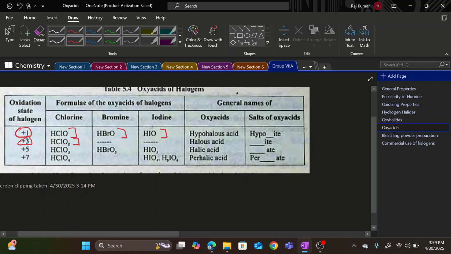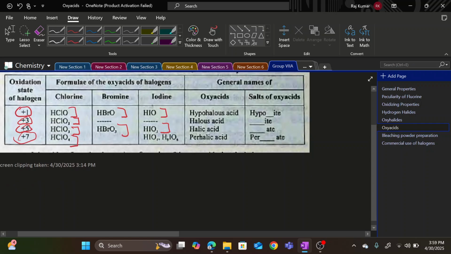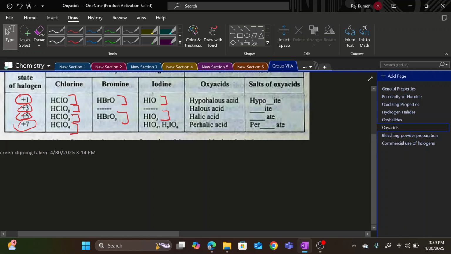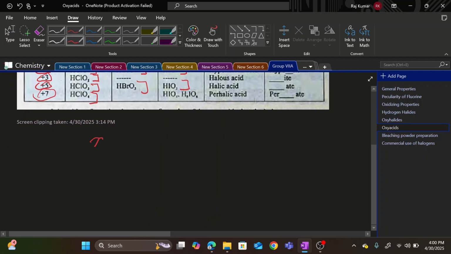Bromine and iodine do not form the chlorous-type acid. With +5 oxidation state, there are chloric acid, bromic acid, and iodic acid. And with +7 oxidation state, there are perchloric acid, perbromic acid, and periodic acid. Now, you might be confused about the nomenclature, so let's understand the nomenclature as well.